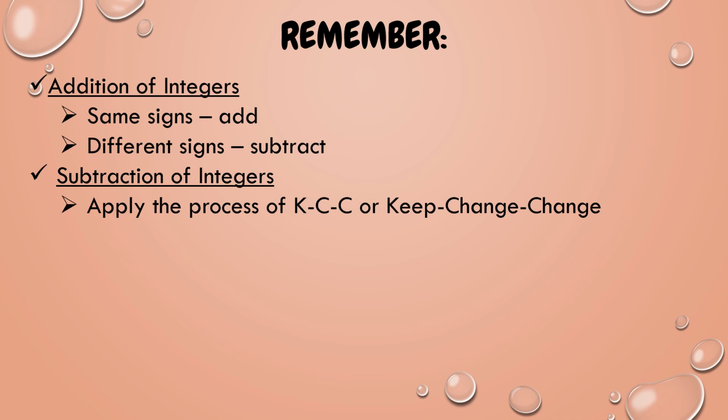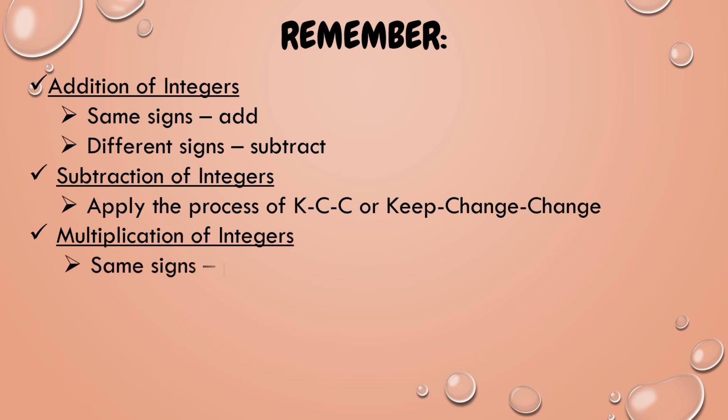In subtracting integers, you have to apply the process of KCC or which we called keep, change. Keep, ibig sabihin, hindi natin gagalawin yung unang number. Change, papalitan natin yung minus ng plus at yung negative number ng positive or vice versa. Next, multiplication of integers.